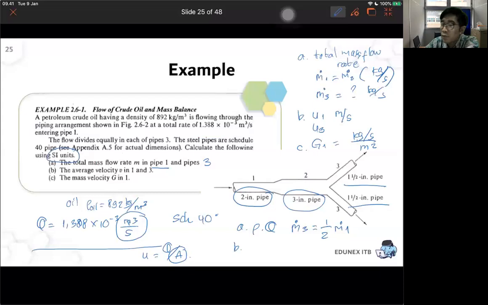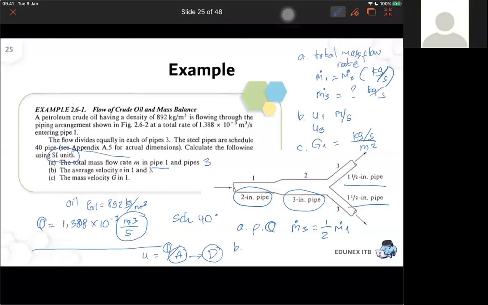So you need the value of A. A will be influenced by the diameter of the pipe, right? Yes. So you need to find out the value of the inside diameter, because we still have only the nominal diameters. We have to search for it from the table, right, sir? Yes. You need to get the table. After you get the value, then you just do the calculation.